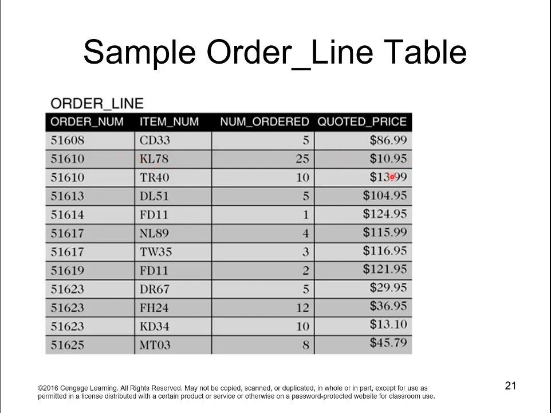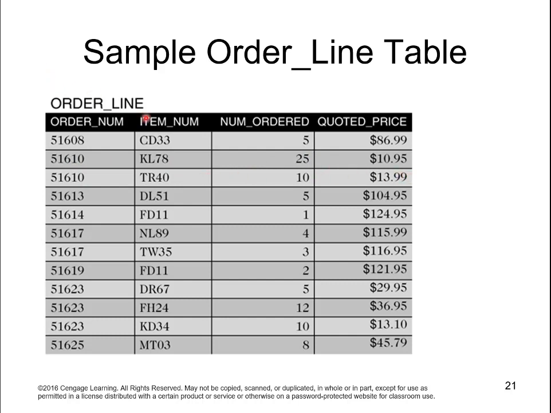And that's one thing to remember, is we need to make sure somehow every row of data we have is unique. There's some way we can get to it by asking for it, and that means it has to be unique. If we didn't have this item number column, there would be no way for me to get to 51610, this particular row, without getting this row too.